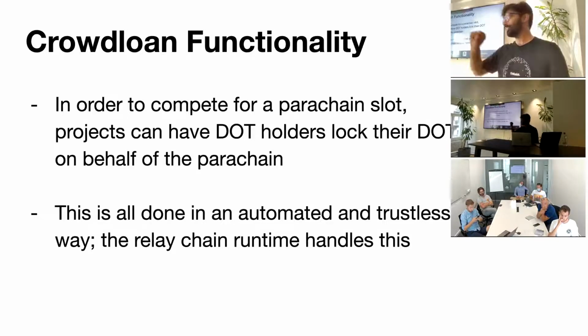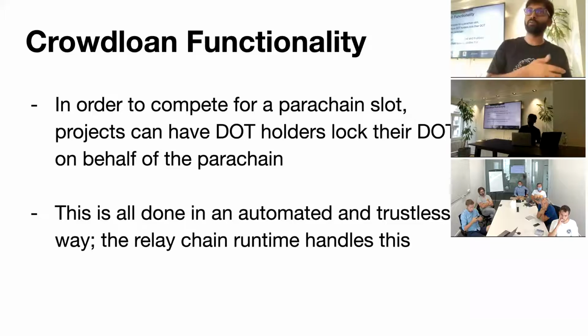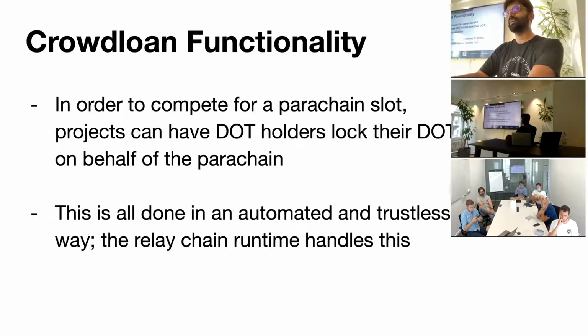They are sent trustlessly on the relay chain itself. That way, if I'm an evil actor, I will not be able to run away with all those tokens. The crowd loans are native to the relay chain itself. The tokens that you're giving to that parachain are going to stay on the relay chain, and they'll be returned back to you once the slot expires. I hope that made sense.